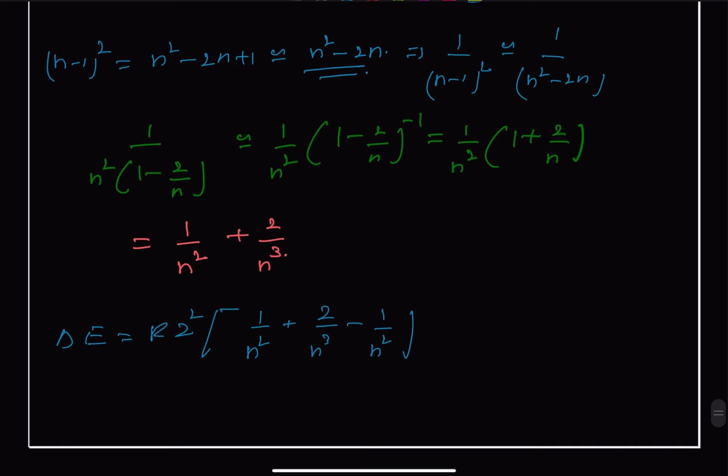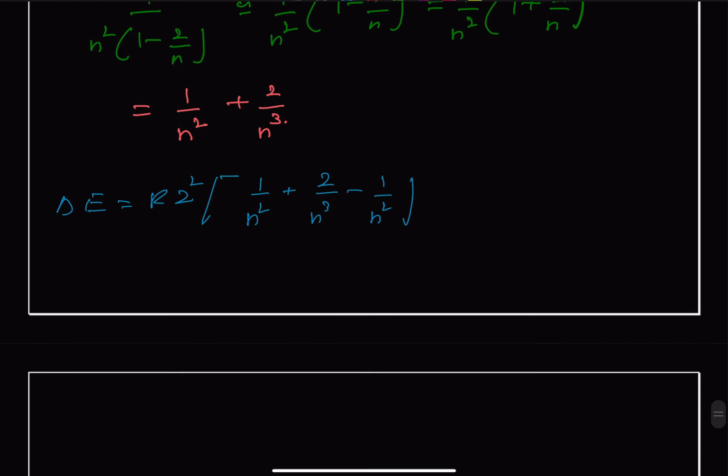And our 1 upon n square cancels out, so this comes as R z square multiplied by 2 upon n cube.